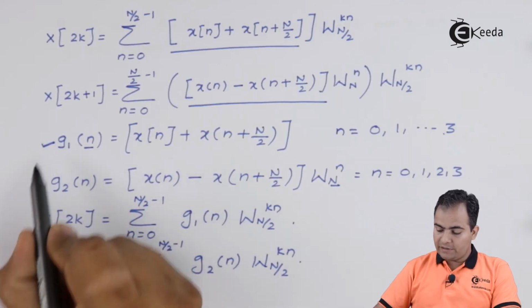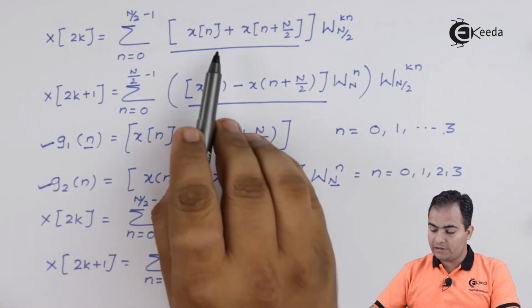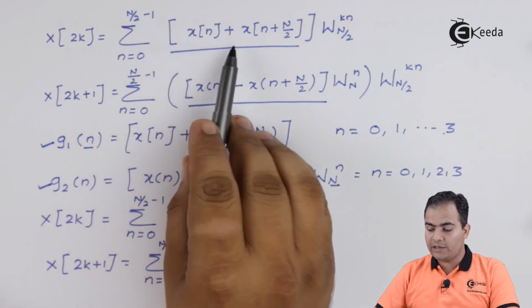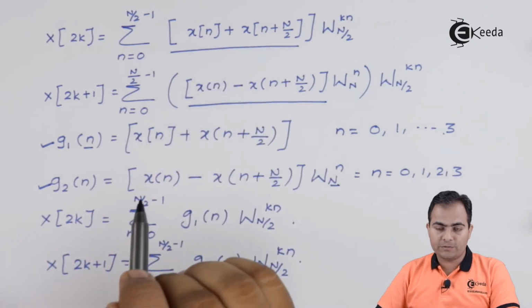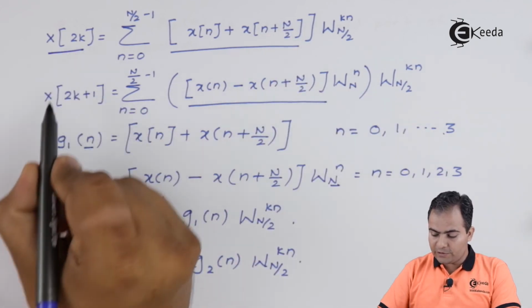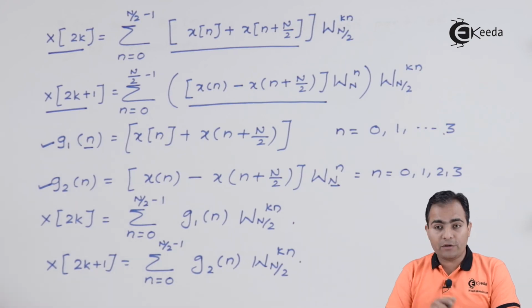Now this g1 and g2 is the equation where we have separated our x of k part into two, like x of n plus x of n plus n by 2 and x of n minus x of n plus n by 2. We have used these two equations. So we will use the same equations to find out p11 and p12 of n values, that is even and odd values of g1 of n and g2 of n.